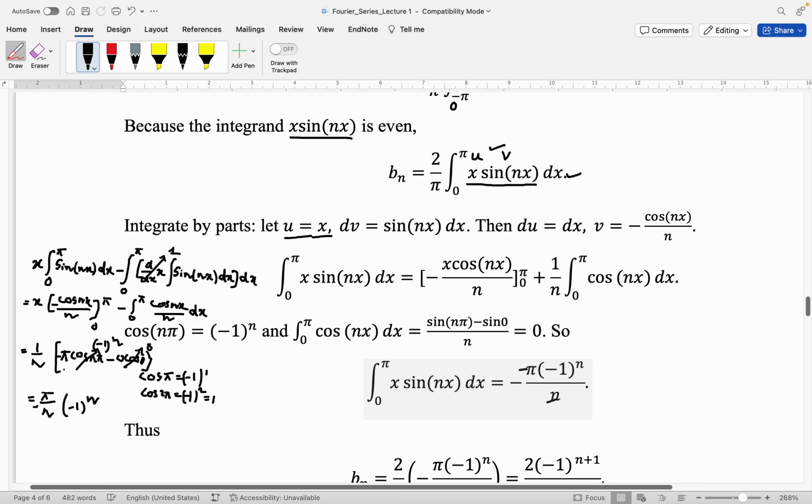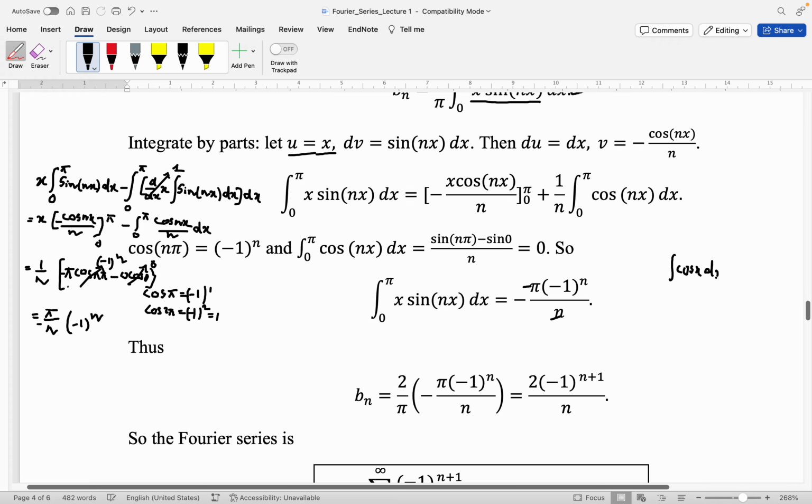So we have to just remember cos x dx is sin x, and integration of sin x dx is minus cos x, right? So I'm integrating sine here, so I have to take minus.